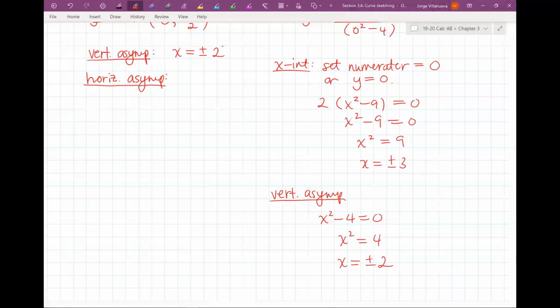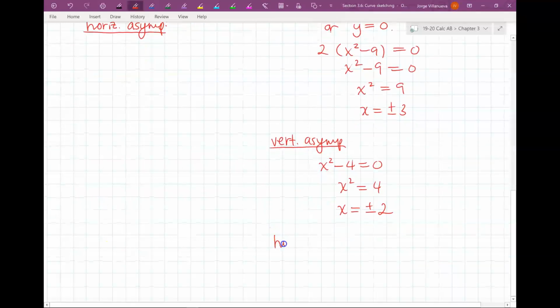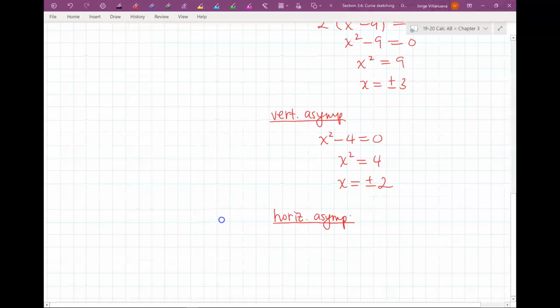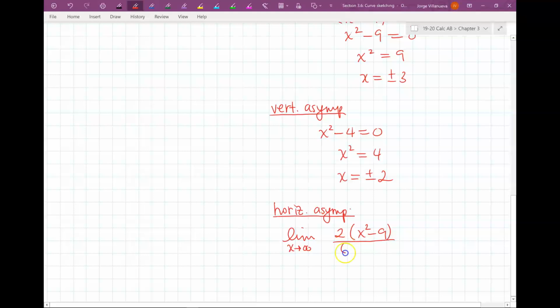How do we find horizontal asymptotes again? We just went over this on Friday. Yeah, look at the powers when we take a limit, right? So we're going to basically find the limit as x approaches infinity of 2 times x squared minus 9 over x squared minus 4.